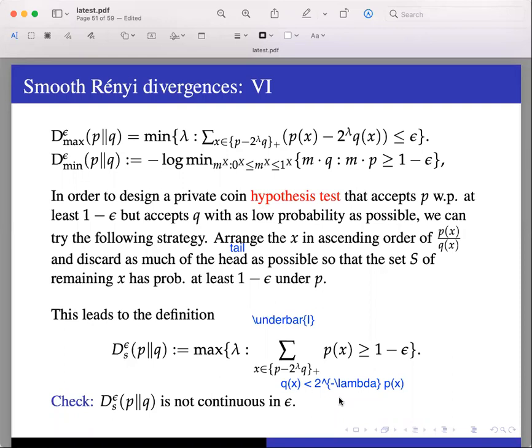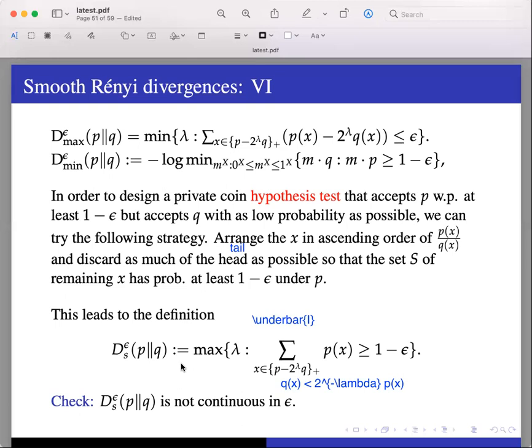So the probability of this plus set under Q can be at most 2 to the power minus lambda, because even if the probability under P is 1, the probability under Q is less than 2 to the power minus lambda. So this looks like a good idea. Choosing this plus set as my hypothesis test sounds good because it accepts P with probability 1 minus epsilon and accepts Q with probability at most 2 to the power minus lambda. Is this clear to everybody? Okay, so that's the motivation for this definition.